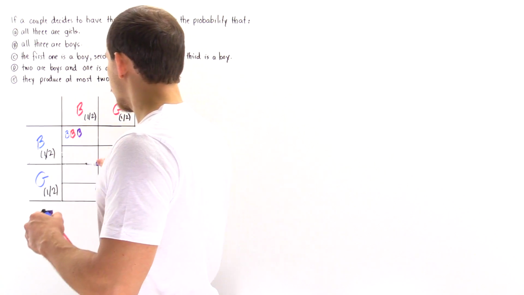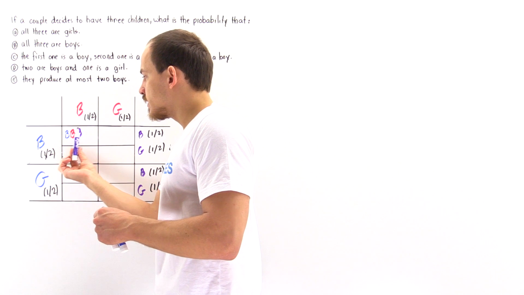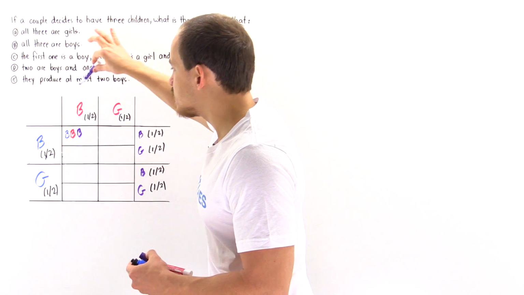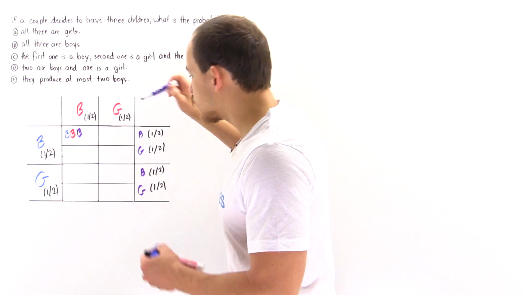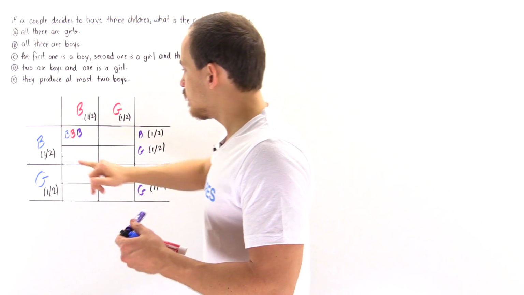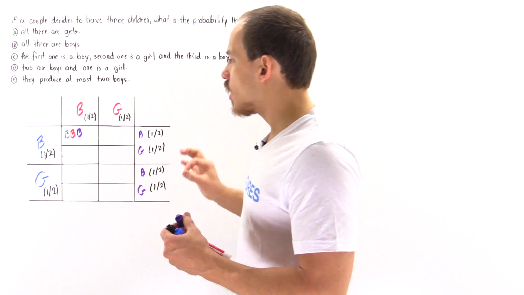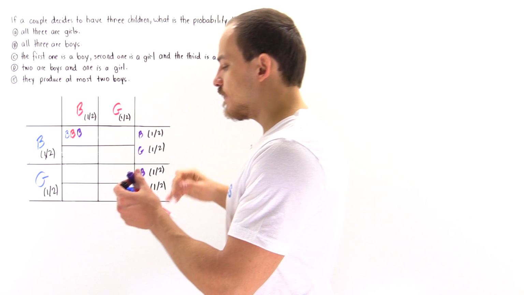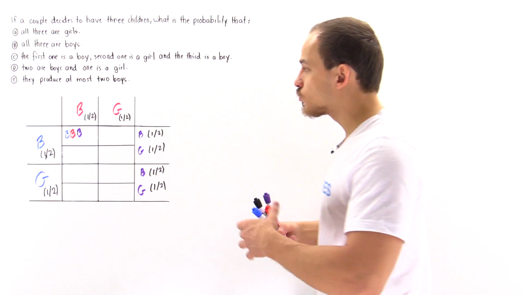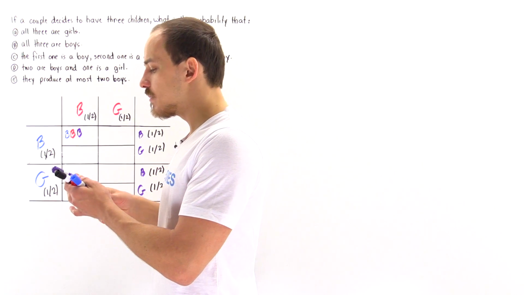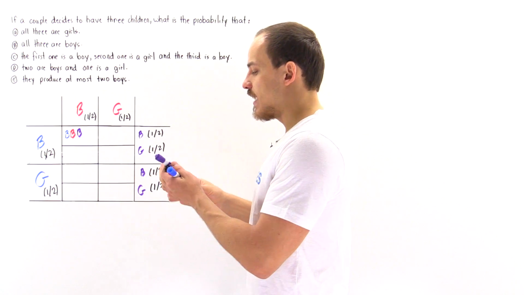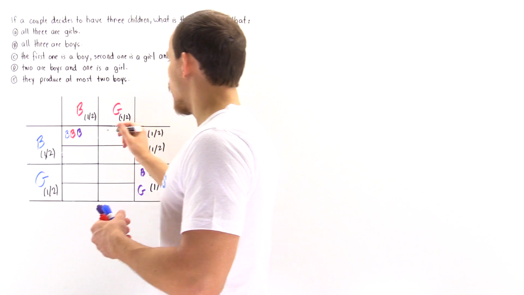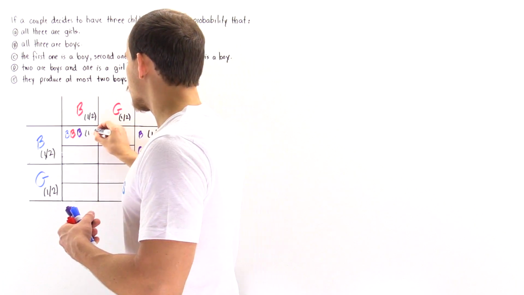And so what this basically means is this square here describes the event in which the first child is a boy, the second child is a boy, and the third child is also a boy. And because these events are basically independent of one another, we multiply their individual probability by the product rule to find the total probability of these independent events. So we have 1/2 multiplied by 1/2 multiplied by 1/2, and that gives us 1/8.